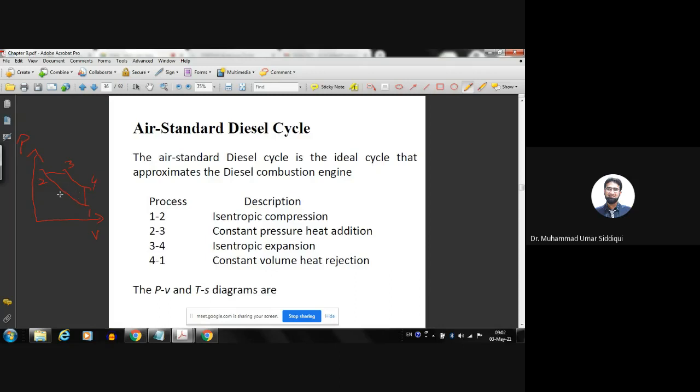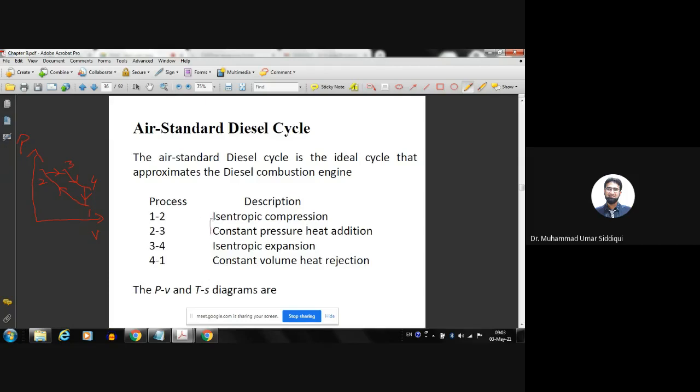So here we have the isentropic compression, then the constant volume heat addition, the constant pressure heat addition, then we'll have isentropic expansion, and then the constant volume heat rejection. So here, instead of having constant volume heat addition, as in the case of the Otto cycle, in the diesel cycle we're going to have constant pressure heat addition.